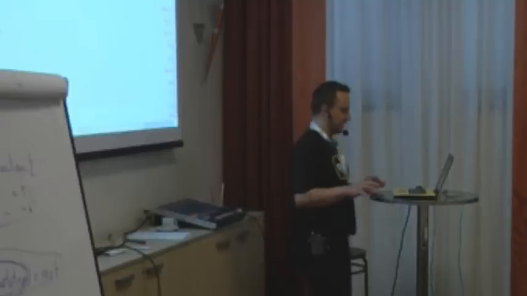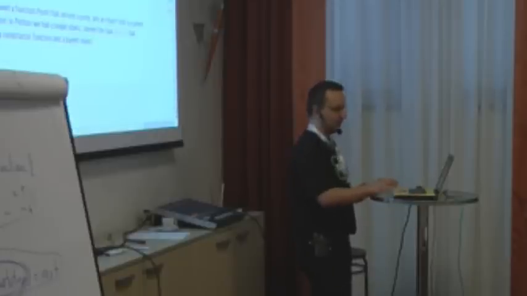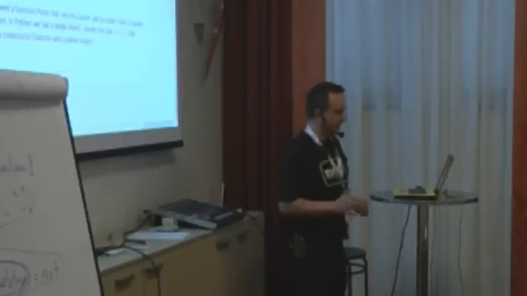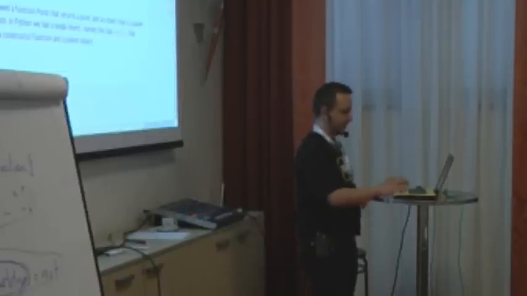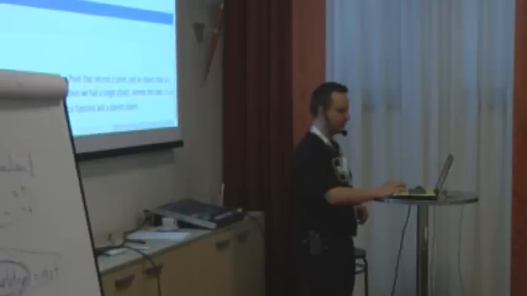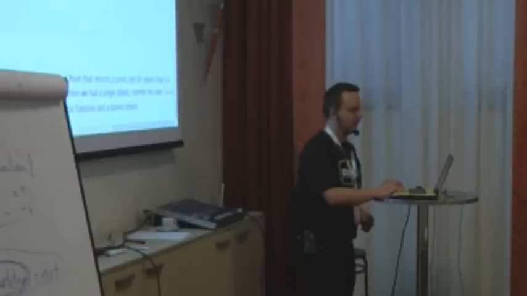So you have classes and you have objects. And here is an example code in Python that creates a class and then creates an instance of that class and calls a method on that.